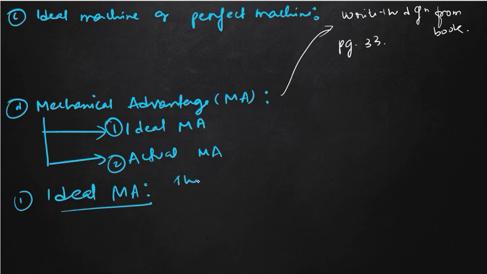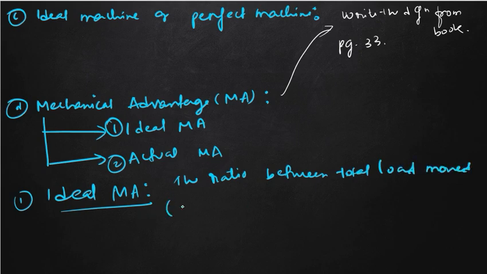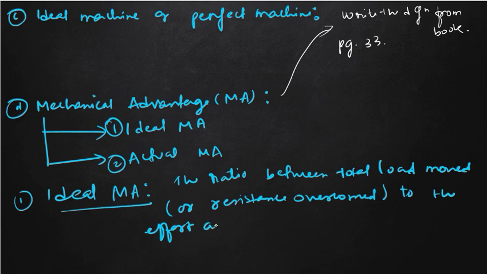So the ratio between total load moved, or you can say resistance overcome, to the effort applied is called ideal mechanical advantage.